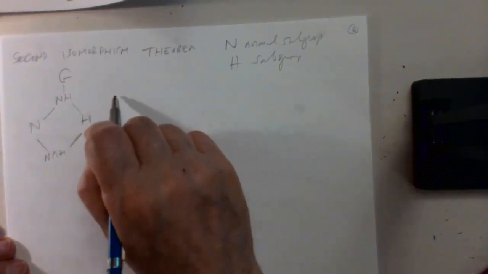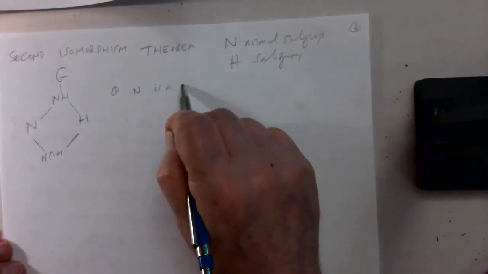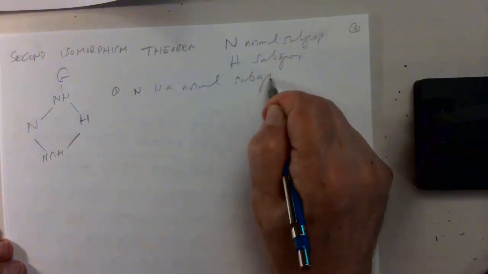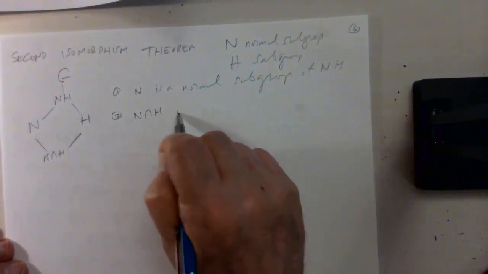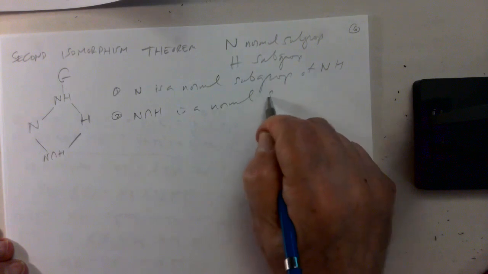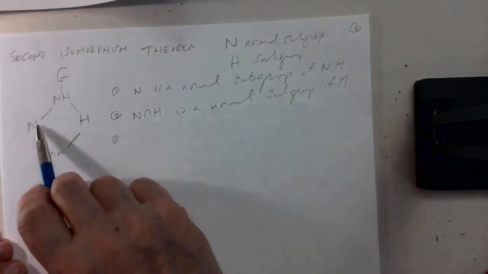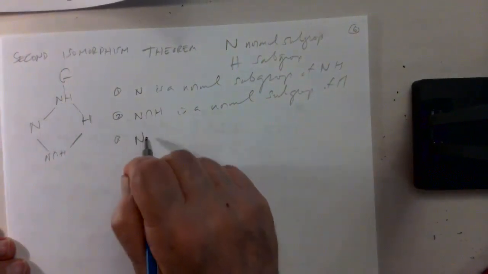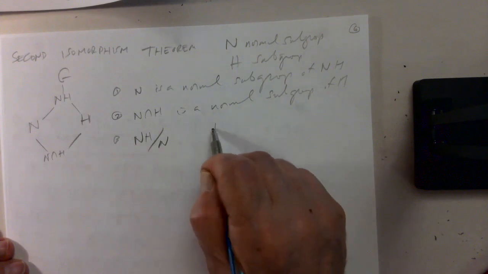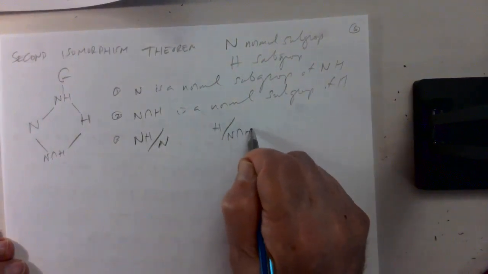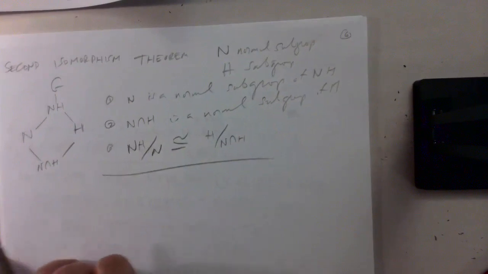So N is a normal subgroup of NH, and N intersect H is a normal subgroup of H. If N is a normal subgroup of NH, we have a quotient group NH mod N. If N intersect H is a normal subgroup of H, we have the quotient group H mod N intersect H. And the theorem says these two quotient groups are isomorphic.